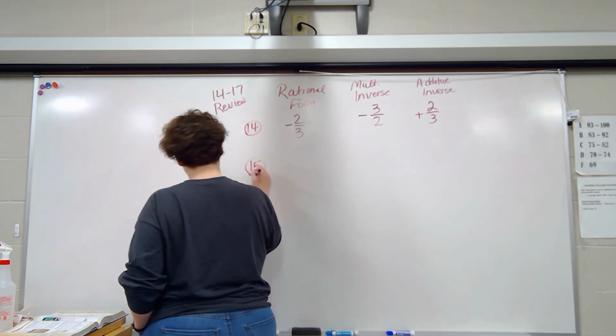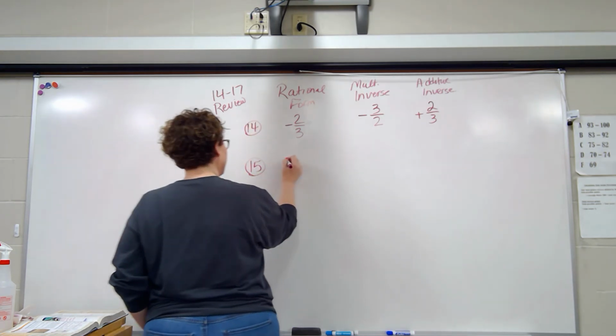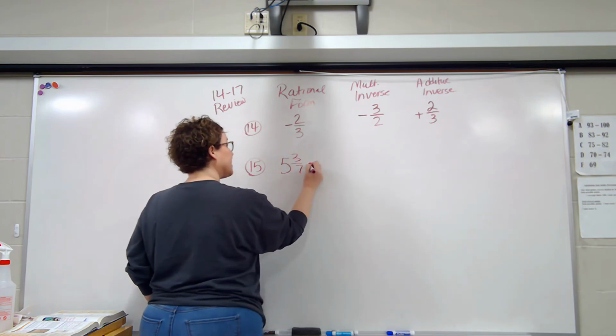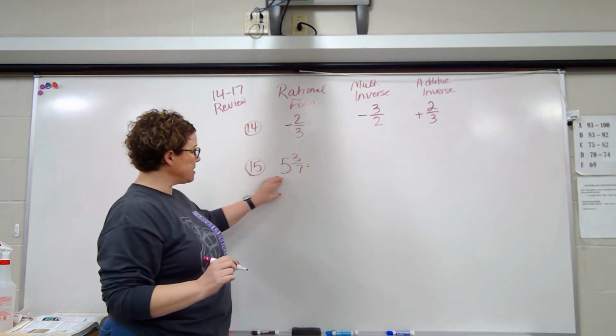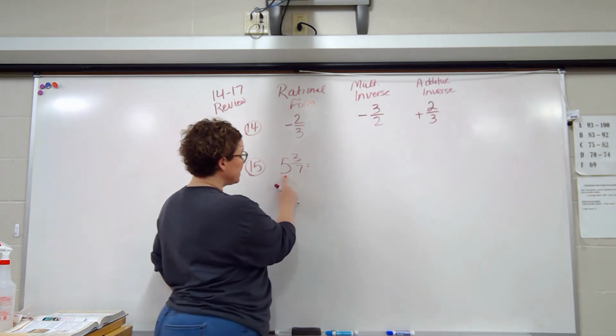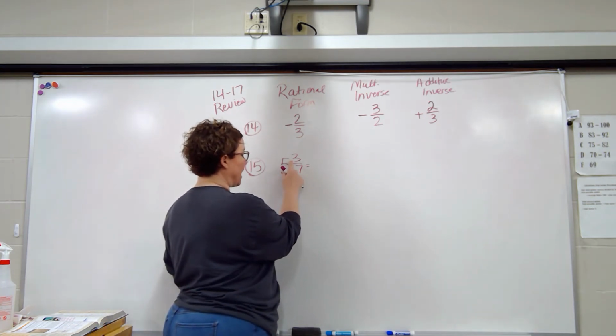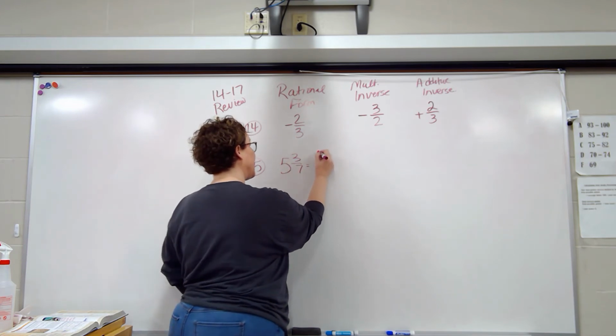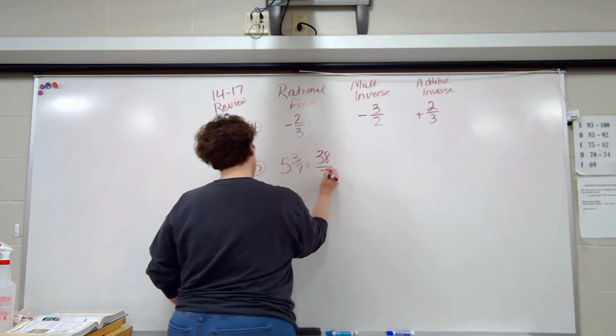Number 15 was 5 3/7. So the first thing I have to do is change this into an improper fraction, okay? 7 times 5 is 35, and then we add 3 to get 38. 38 over 7.